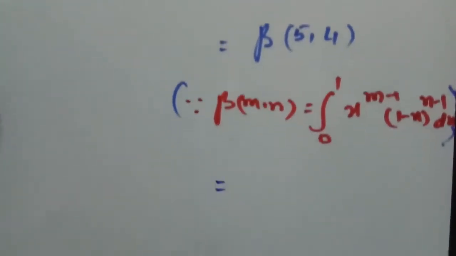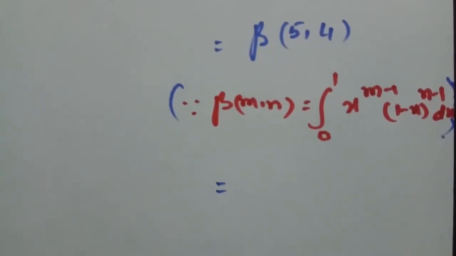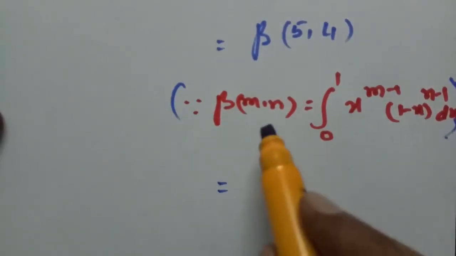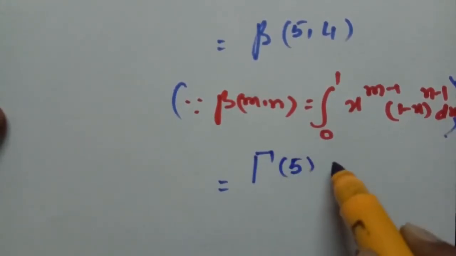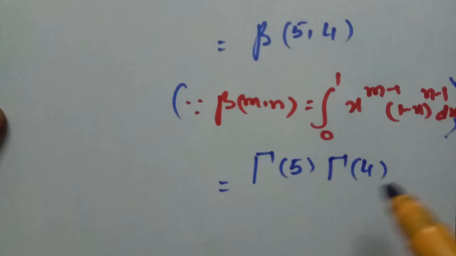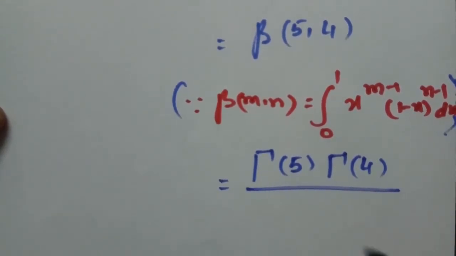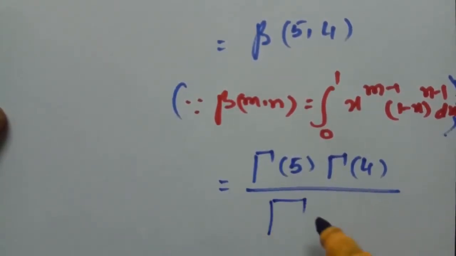Again, there is a relation between beta and gamma. Therefore beta m comma n is equal to gamma m into gamma n by gamma m plus n.